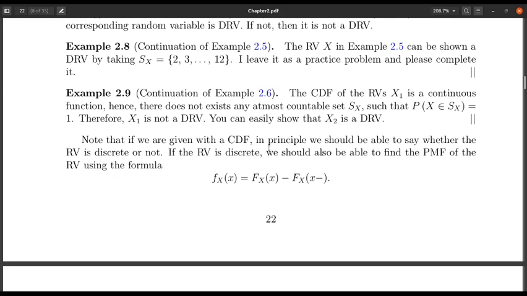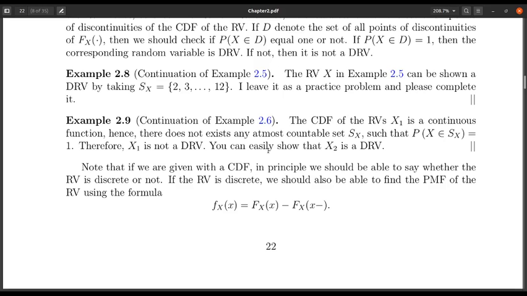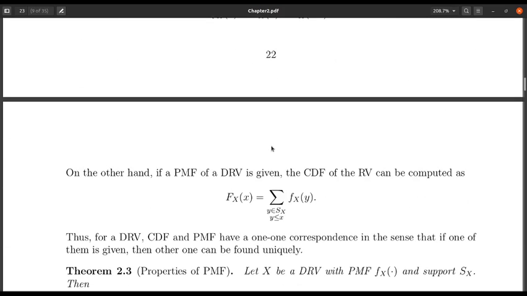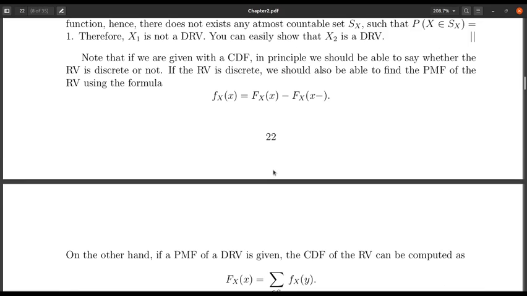So what does this mean? It means that if I have a cumulative distribution function, I can check whether the random variable is a discrete random variable or not. If it is discrete, I can find its PMF by writing that the probability that X equals x is the cumulative distribution function at the point x minus the left limit of the cumulative distribution function at the point x.